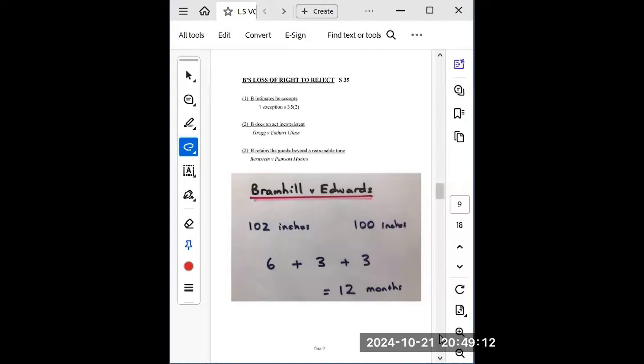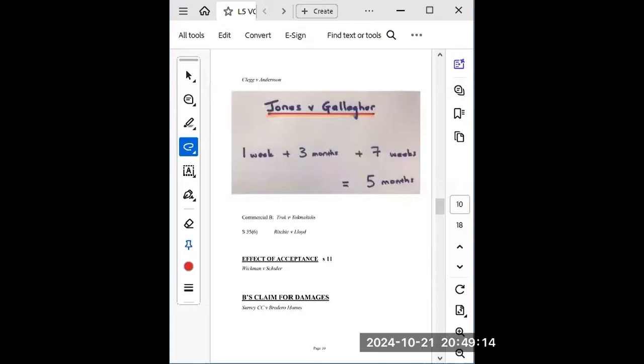But note, just because a buyer continues to use the goods, it does not necessarily mean that you have lost the right to reject. See the important case of Clegg against Anderson. Mr. and Mrs. Clegg bought a new yacht.